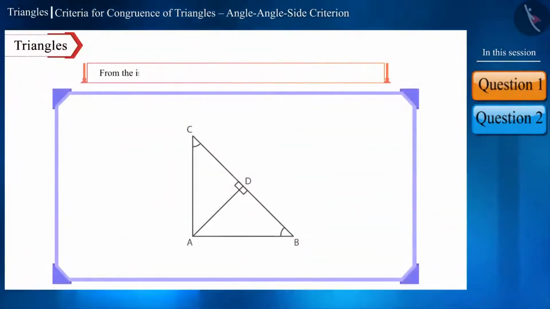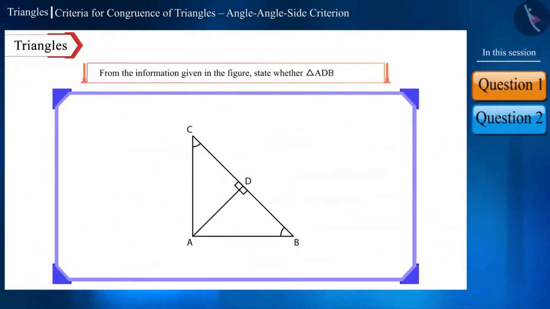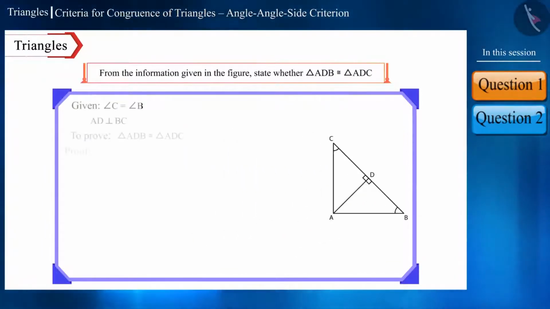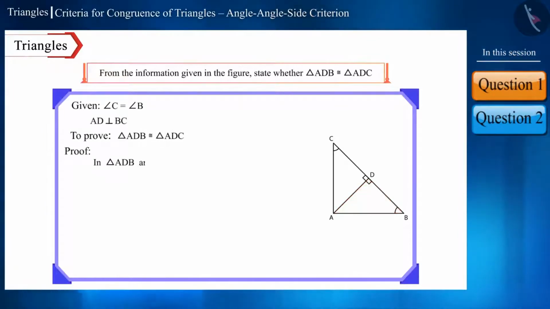Let's start. From the information given in the figure, state whether these two triangles are congruent. In triangle ADB and triangle ADC, angle ADB and angle ADC are equal because they both are right angles.